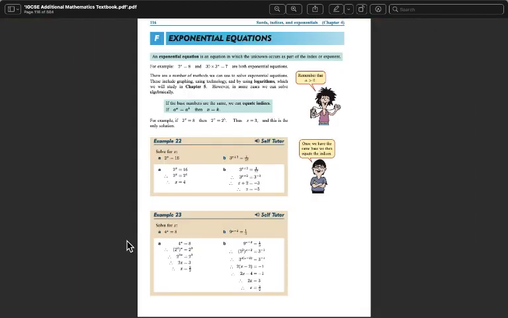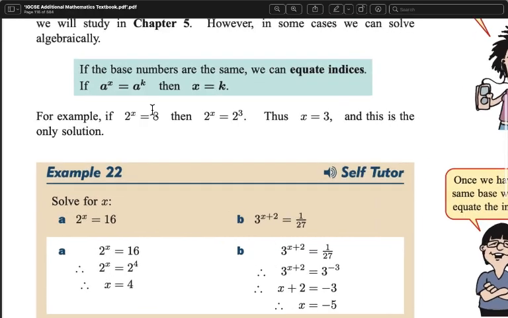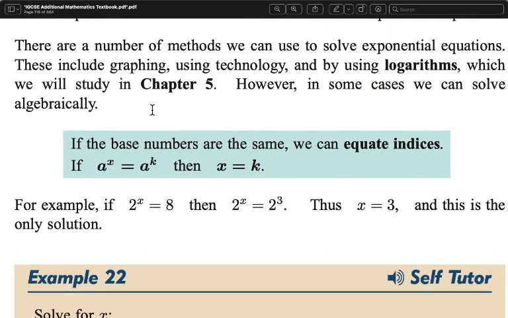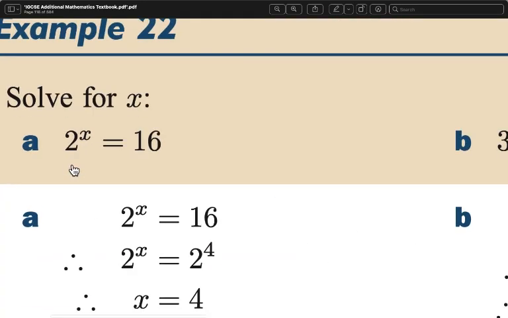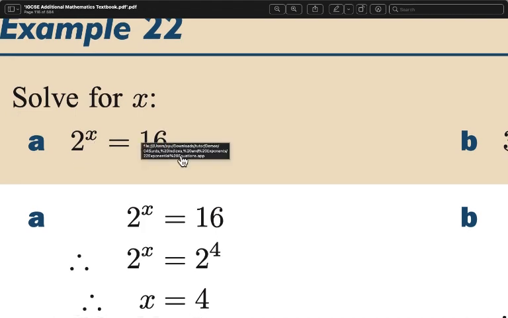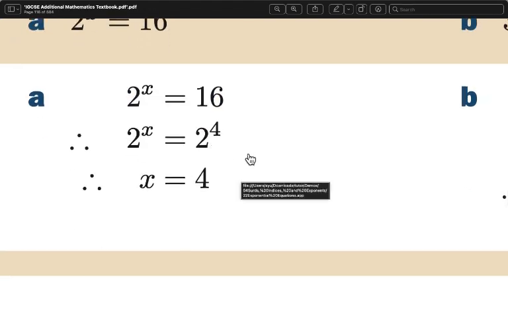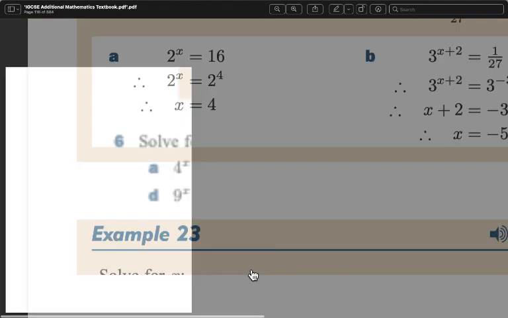And now let's look at some other ways to equate the indices, which is to break down the numbers into their smallest base. If a to the power of x equals a to the power of k, then x equals k. For instance, when 2 to the power of x is 16, and 2 to the power of 4 is also 16, x will be equal to 4.